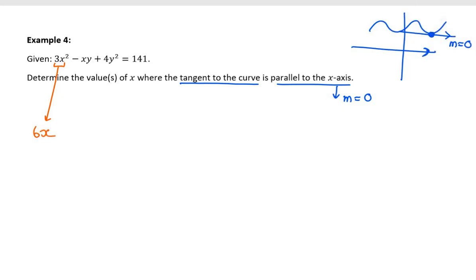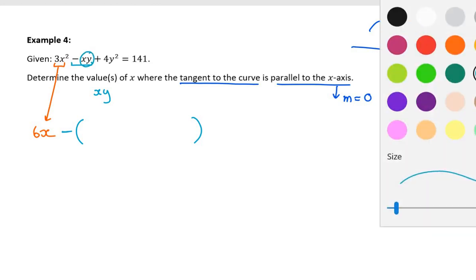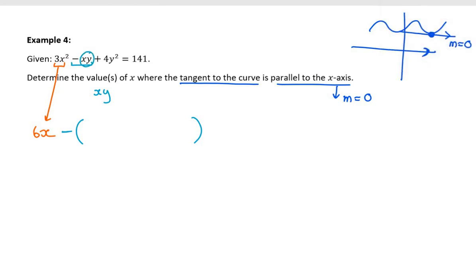Okay, minus the derivative of a product. So let's just quickly go write this. Now the first thing I need to remember is I've got to put a bracket. I am subtracting the derivative of that whole product. So if I don't put that bracket in, it goes horribly wrong.